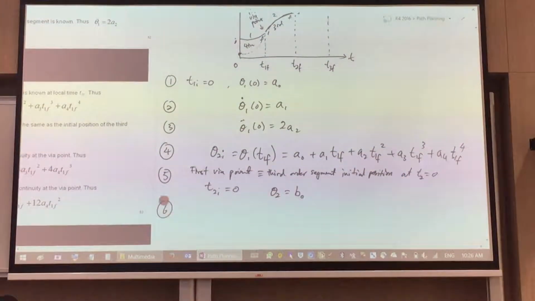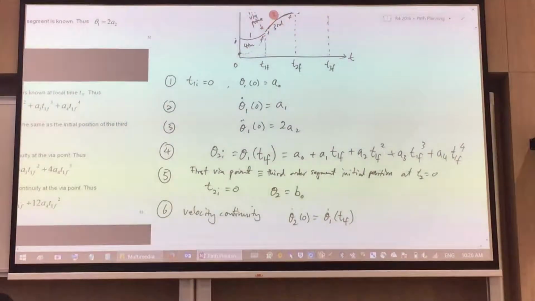For your sixth boundary condition, you need velocity continuity. For velocity continuity, that means your theta dot 2 at time equal to 0 must be equal to theta dot 1 at time T1F. What that means is that the velocity at the final point of segment 1 must be equal to the velocity at the initial part of your segment 2.